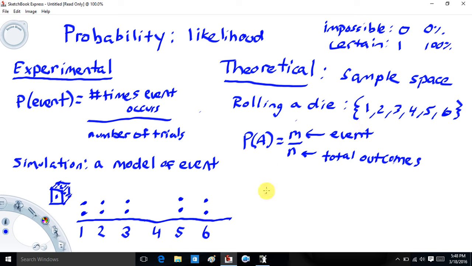So this is your event. So let's try to use theoretical probability to find the probability of getting an even number. Okay? So when rolling a 6-sided dice, we know that these are our possible outcomes.